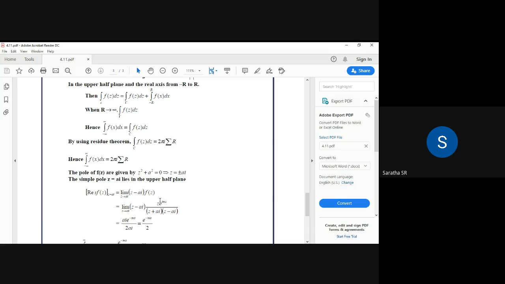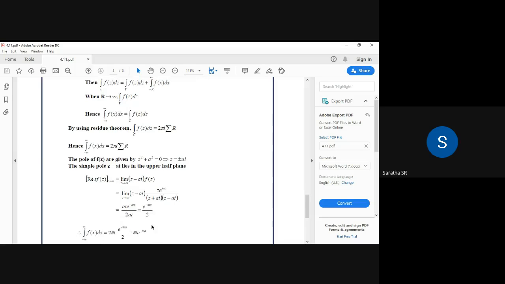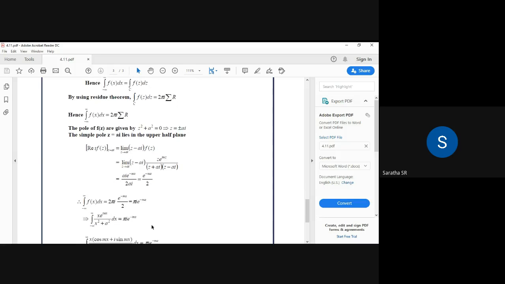Here you have one I, here you have one I, so it becomes minus ma. Divided by z plus ai, so you replace z by ai and we get 2ai. This I will be cancelled. So we got the answer a e power minus ma divided by 2a. That a also will be cancelled. So we get e power minus ma by 2.